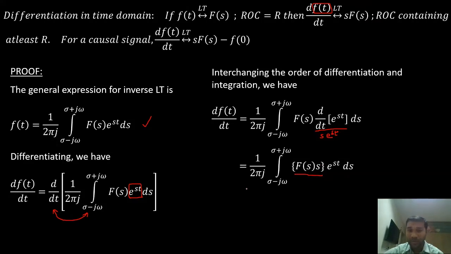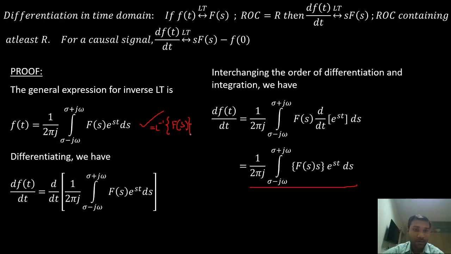So if you look at this integral here, what is it of the form of? It is in the form of the general expression of inverse Laplace transform. This is nothing but Laplace inverse of my Laplace transform, that is f of s.